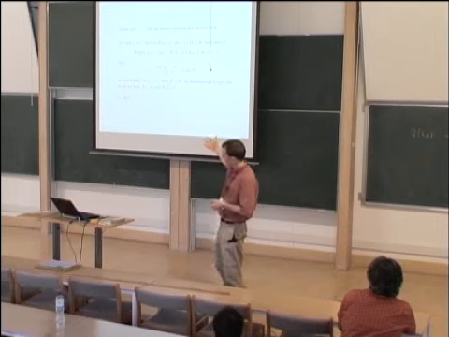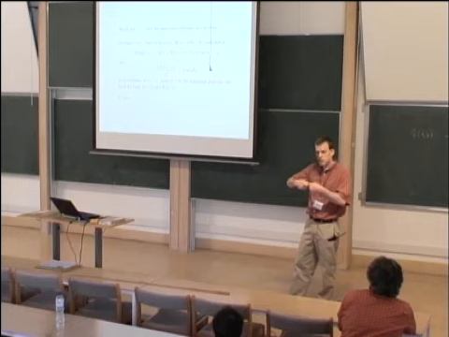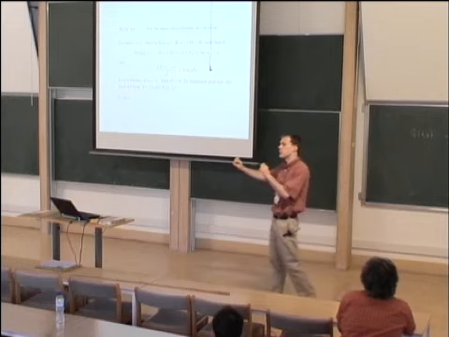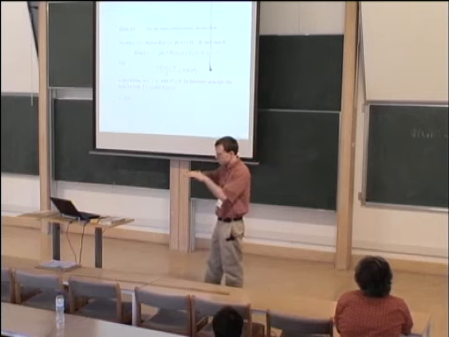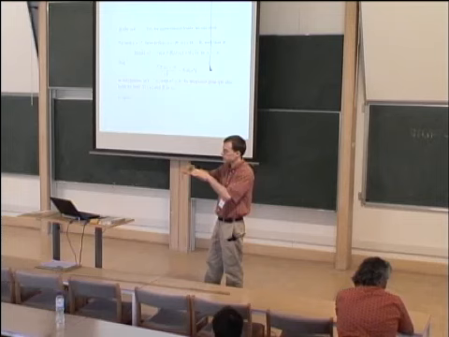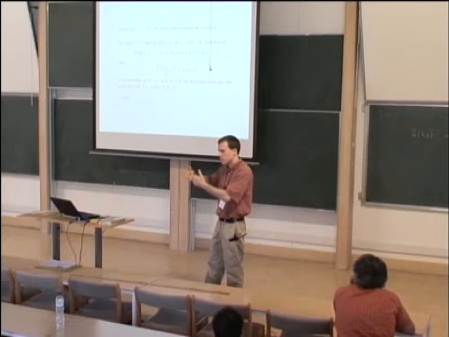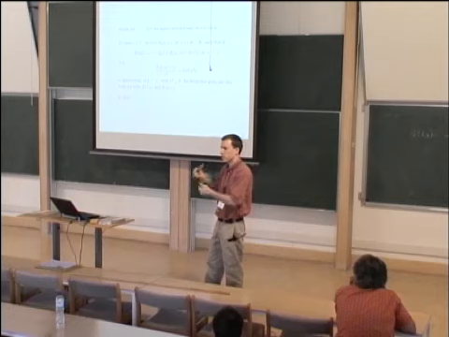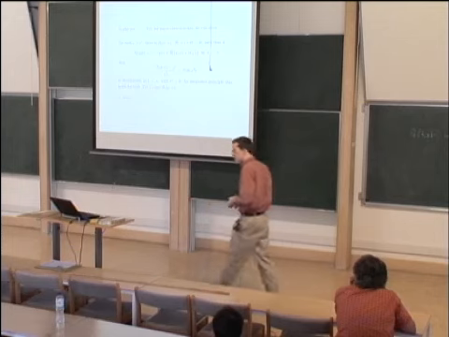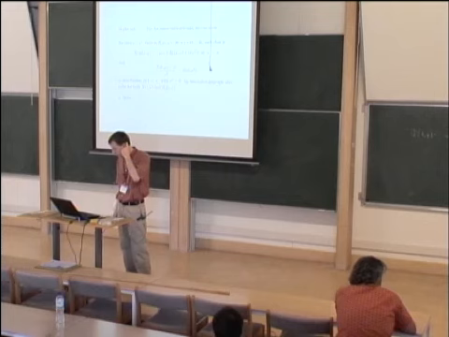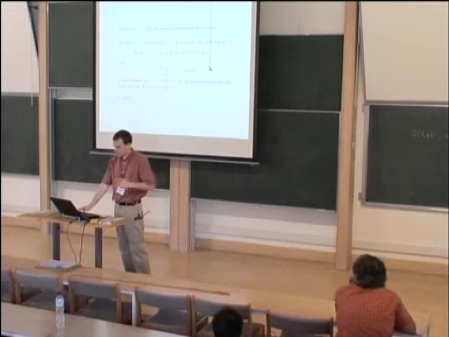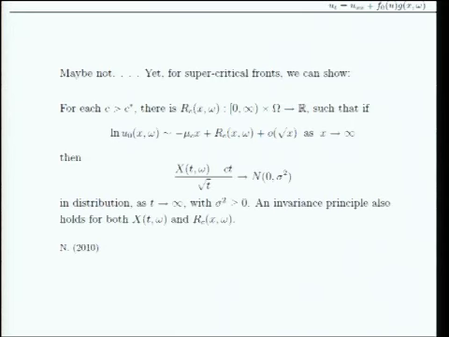In the case of the KPP type nonlinearity, because the zero state is unstable, any perturbations in the tail are amplified, and fluctuations in the tail, or I should say the leading edge of the initial condition, are amplified, and they may compete with the fluctuations that enter the solution through the randomness in the medium. So in general, the central limit theorem may not hold for the KPP case, at least for supercritical fronts. It would be interesting to understand the transition here.